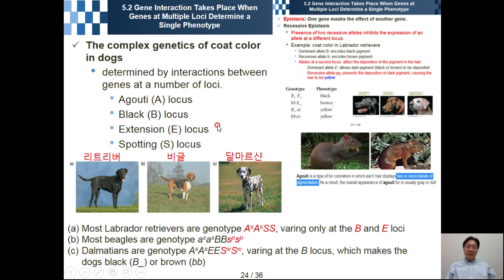The important thing is that coat color in dogs is determined by interaction between genes at a number of loci. Previously, we only learned the B and E. Between the B and E, there is a recessive epistasis, but in addition to the B and E, there is another factor: A and S are involved in the coat color in dog.